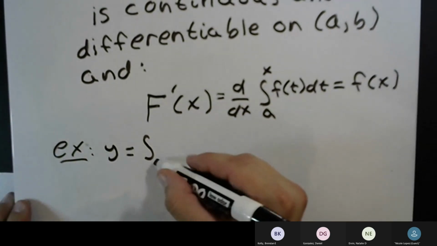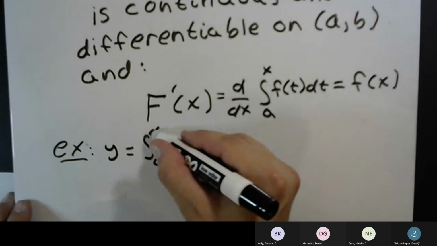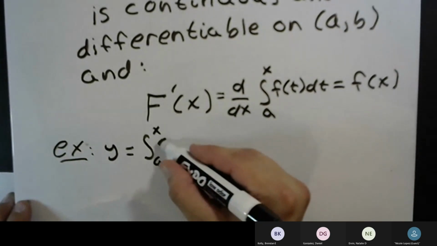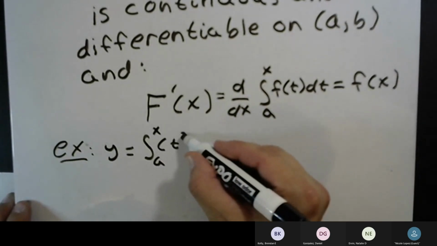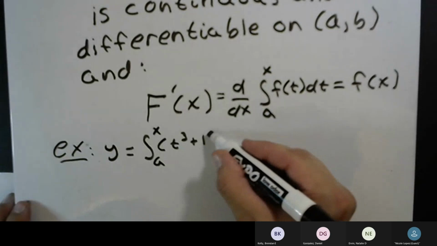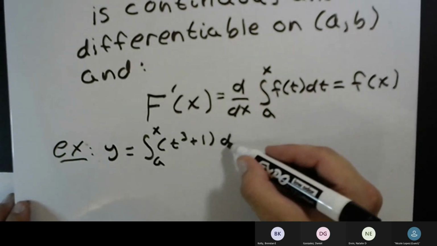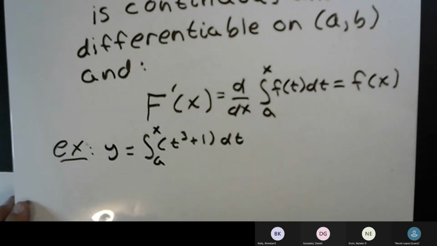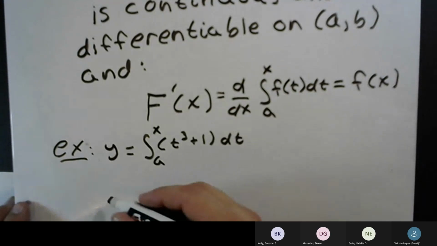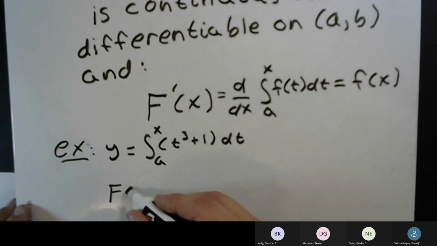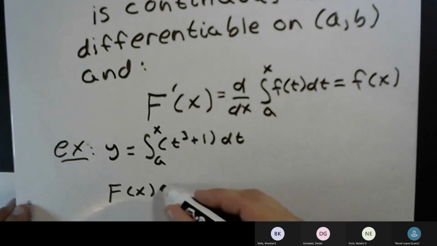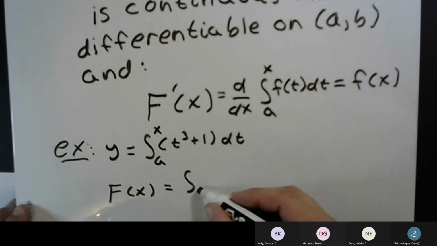All right. So if we go a to x, t cubed plus 1 dt, then our f of x is going to be this function.